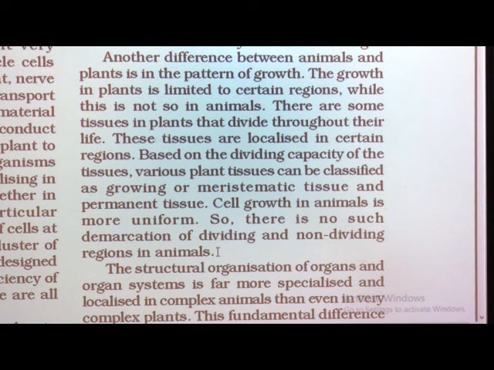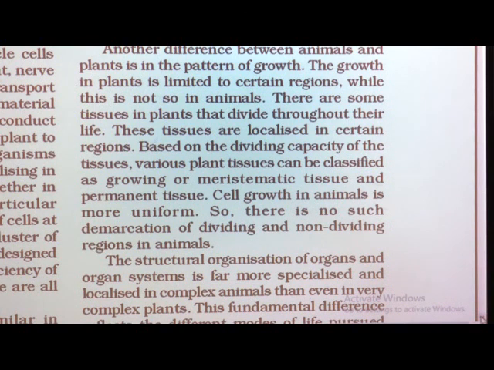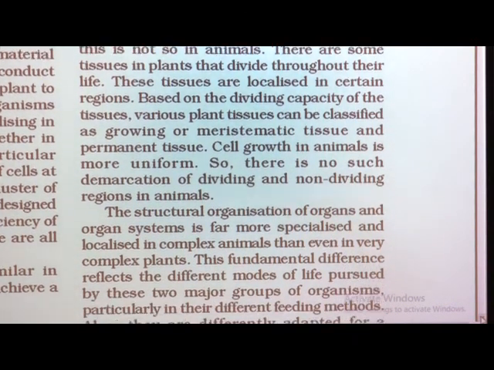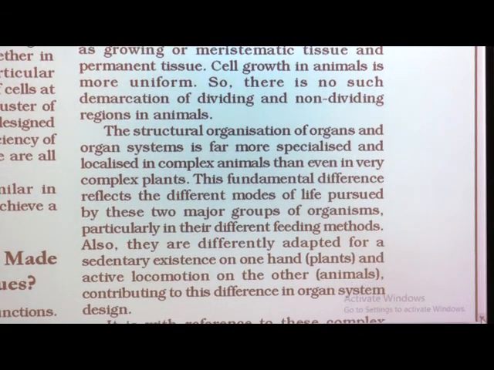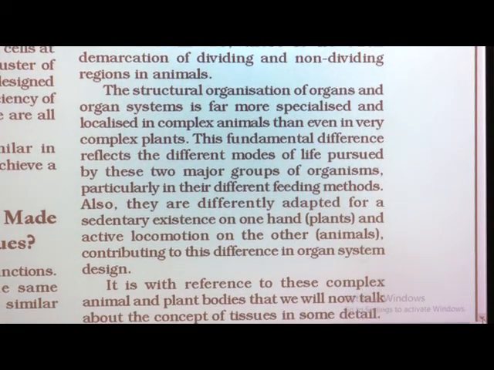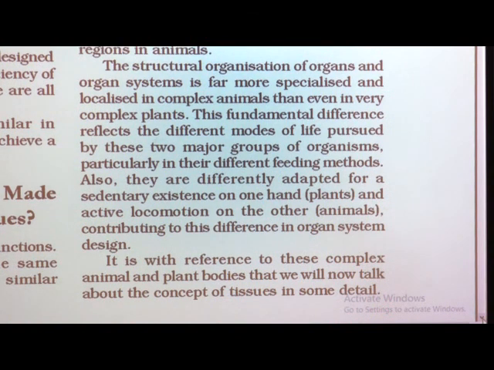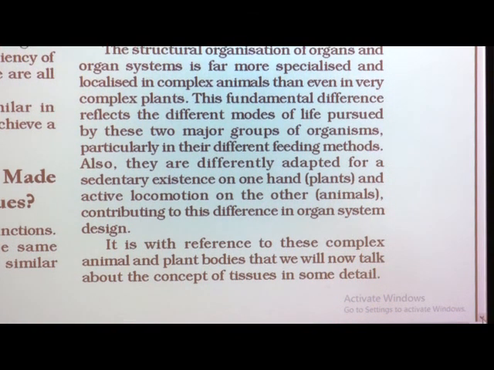The structural organization of organs and organ systems is far more specialized and localized in complex animals than even in very complex plants. So, this fundamental difference reflects the different modes of life pursued by these two major groups of organisms, particularly in their different feeding methods.